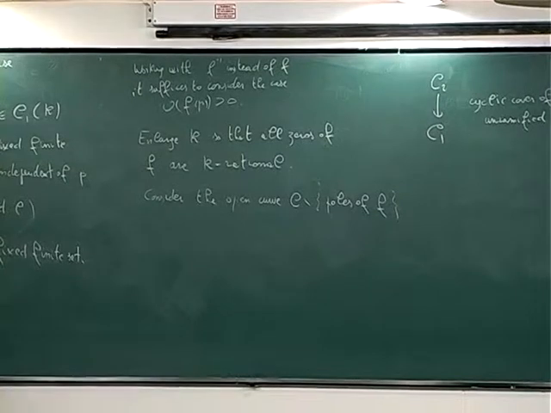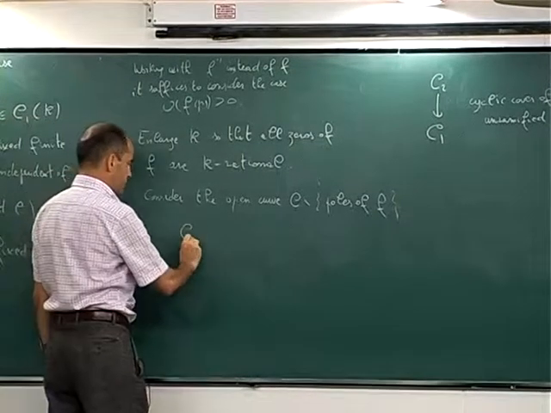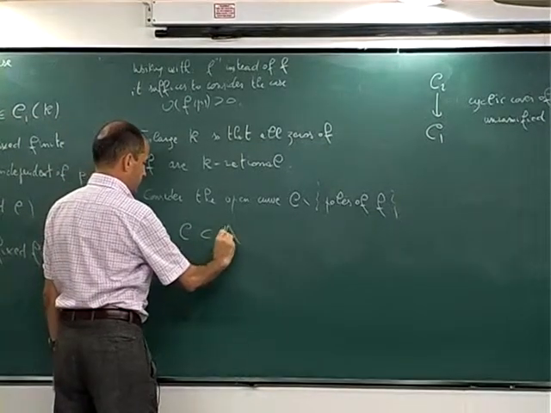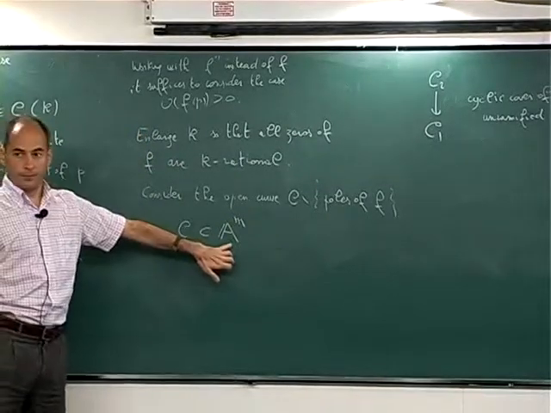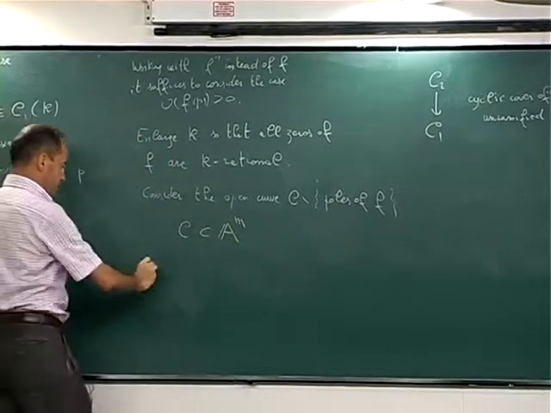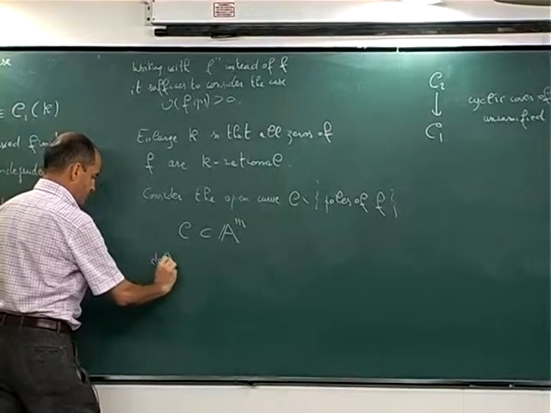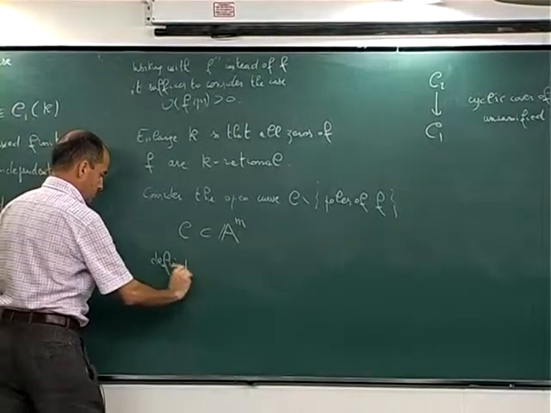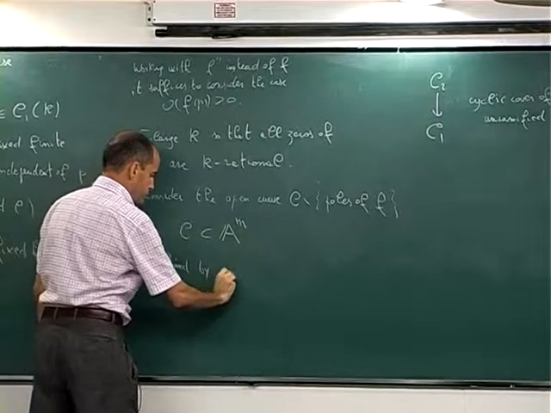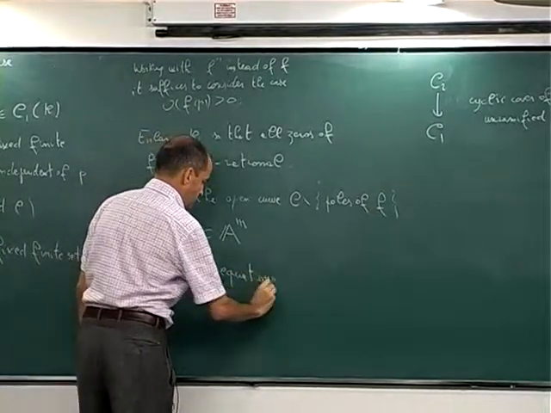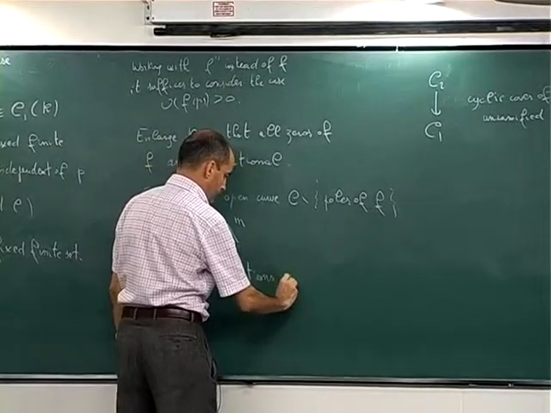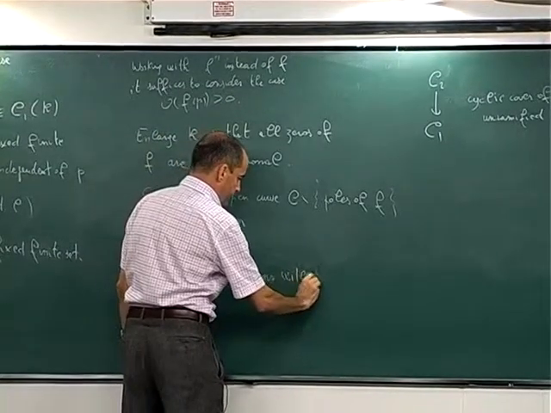Now C can be embedded in an affine space AM, and here it is defined by equations with rational coefficients.